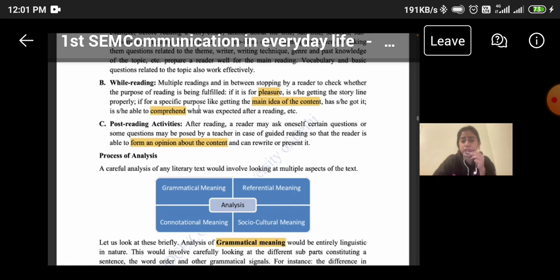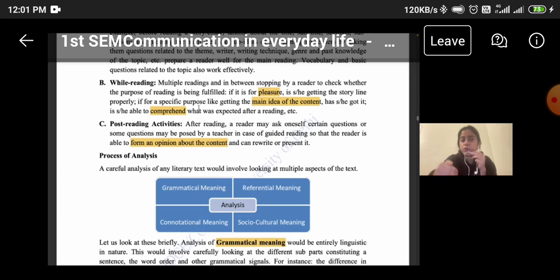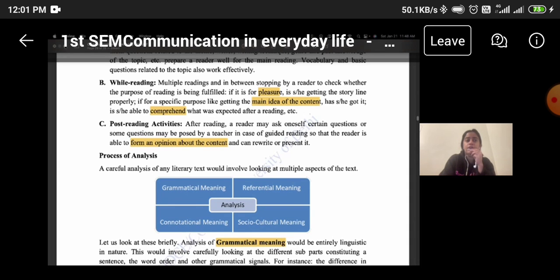So either with the help of your teacher or with the help of guided reading material, you are able to answer those questions that you came across when you were reading the work, right? And after your post-reading activity, you are able to formulate and actually design your opinion.